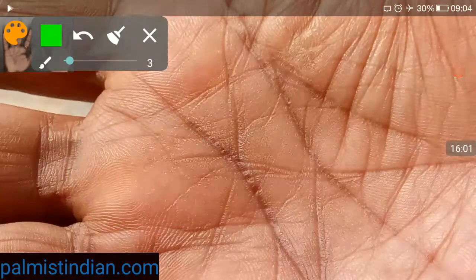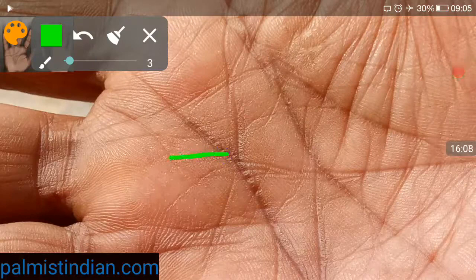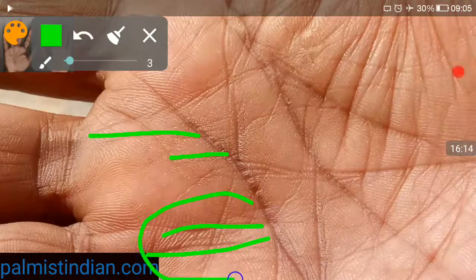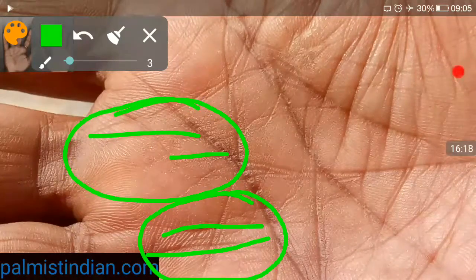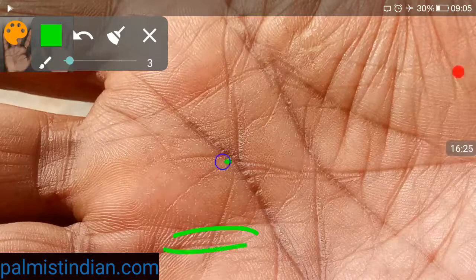Even if this is the money line after the age of 53 and this is the sun line, if there's a good sun line, it complements the fate line, the money line, the Saturn line. So having both lines is always better than having only a single line.